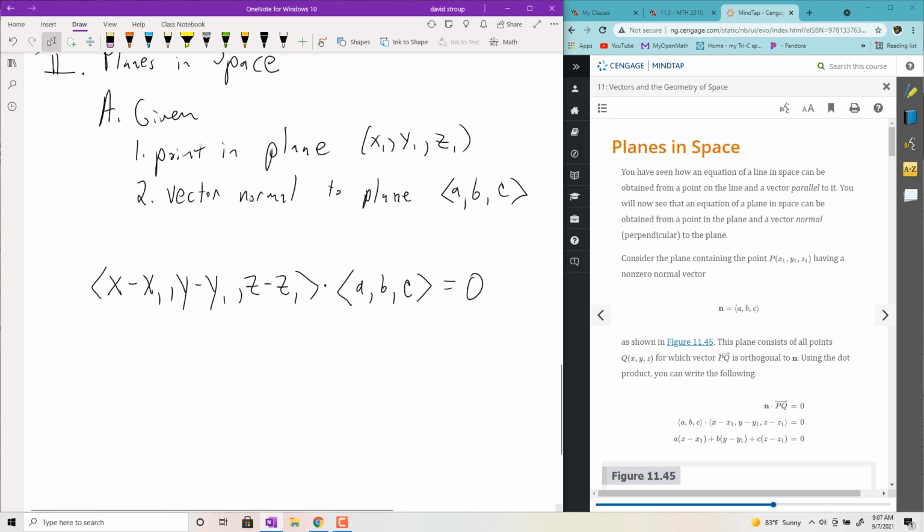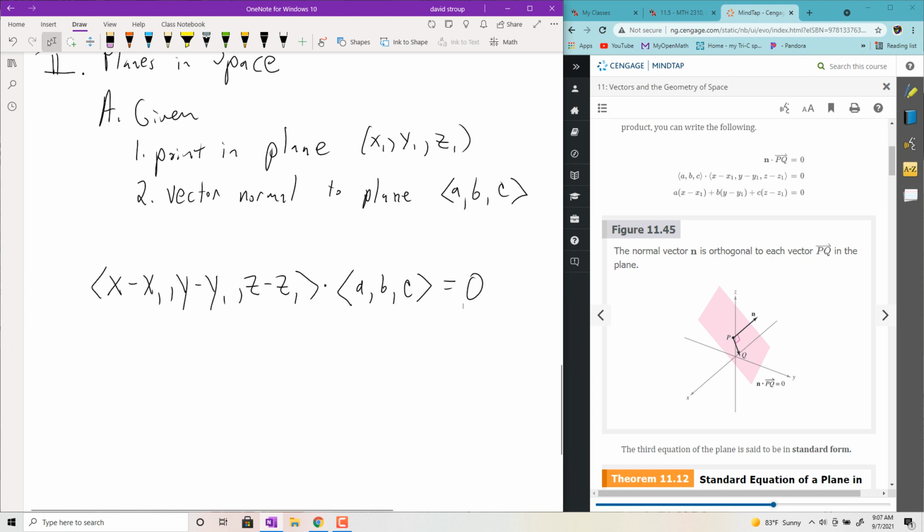Let's see if we have a little picture for us over here. Yeah. So you're producing these PQ vectors, and those vectors will be perpendicular to this normal vector. So when you do the dot product of those vectors, you'll get 0, because the dot product of perpendicular vectors is 0. Okay, so from here, if you write it out, you get an equation.